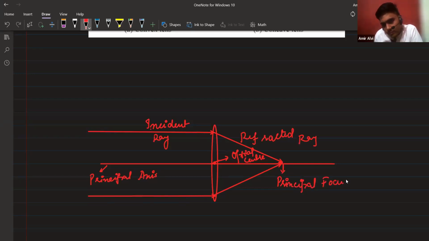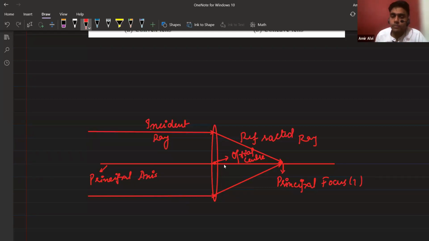It's a two-way refracting surface. If the ray is coming from this side, it refracts the rays onto this principal focus. Yes or no? Suppose the rays are coming from this direction, so this is also a refracting surface.